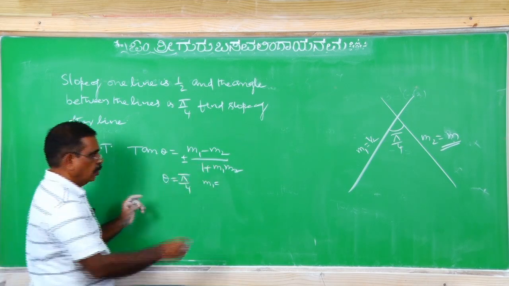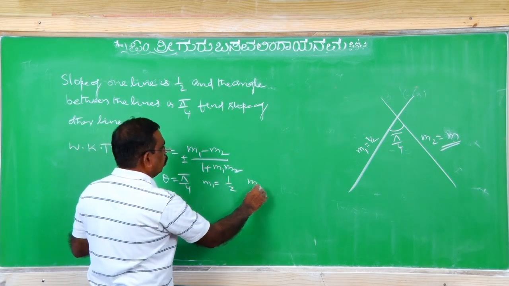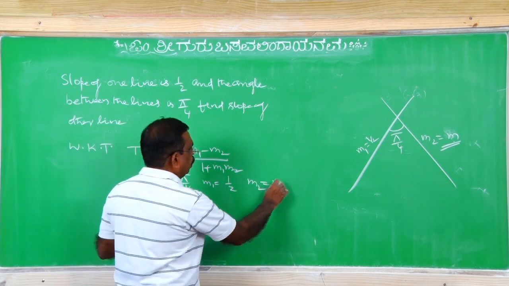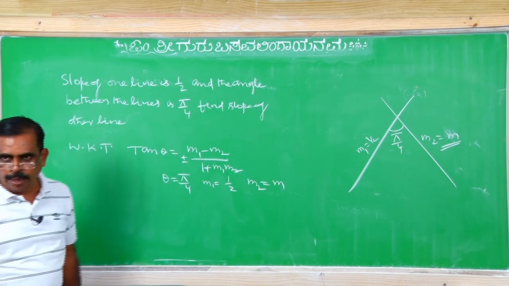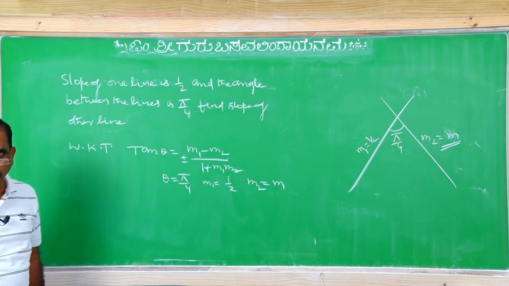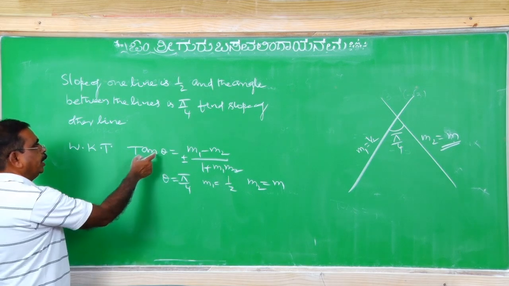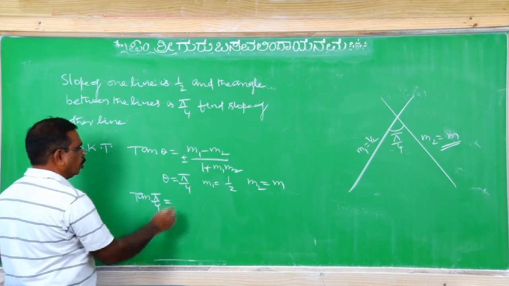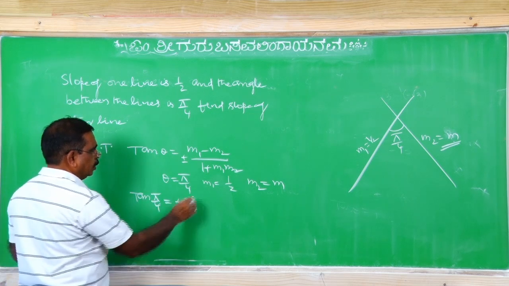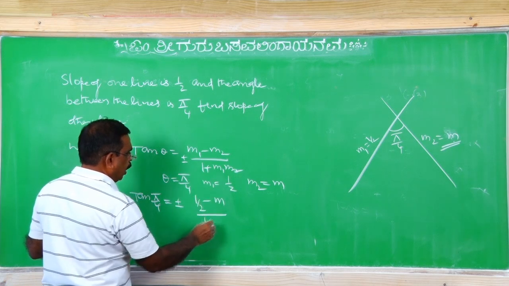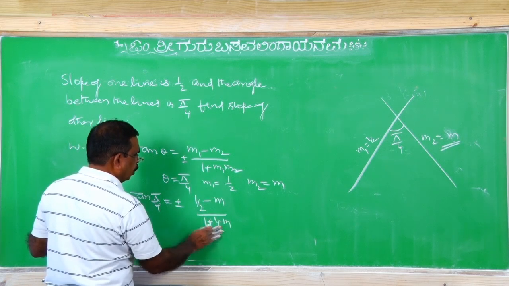Next, M1 is given as 1 by 2. M2 we don't know, that's why we take it as M. We want to find the value of M. Substitute here: tan pi by 4 is equal to plus or minus (1 by 2 minus M) by (1 plus 1 by 2 into M).